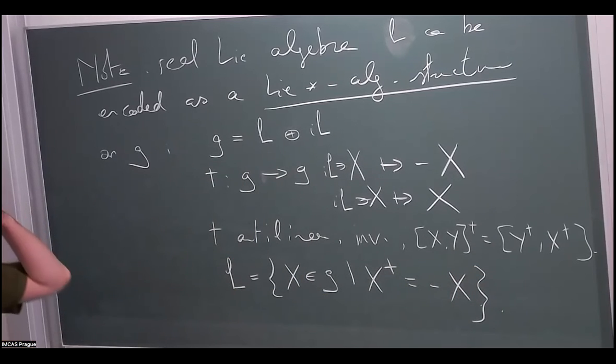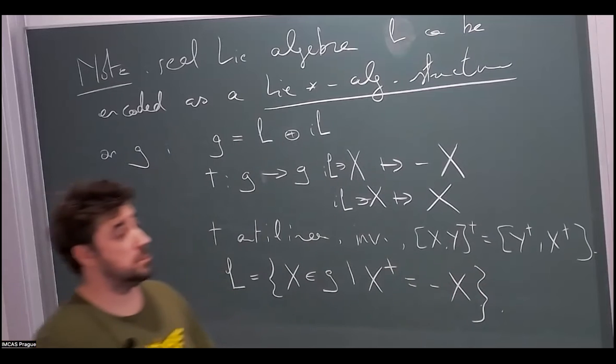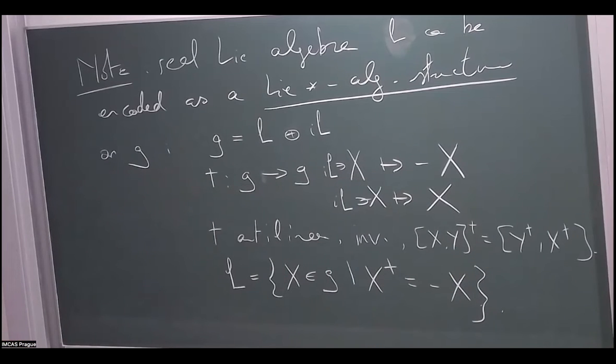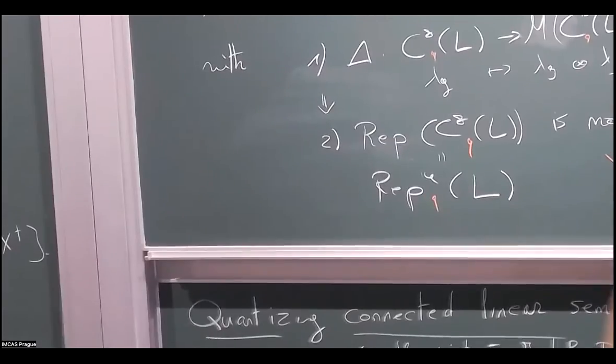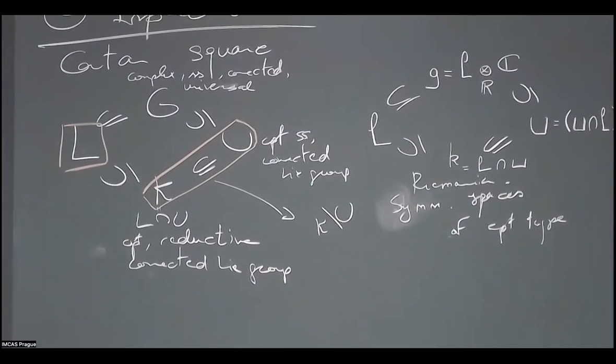So this is one star structure that I can get in my specific case from my non-compact real semisimple algebra L. And I can do the same thing for U. This is also a real form of G, so it also comes with an associated star structure, which now I will just write as star.